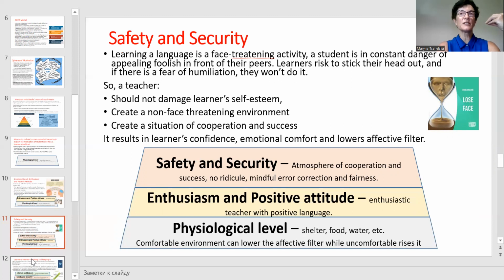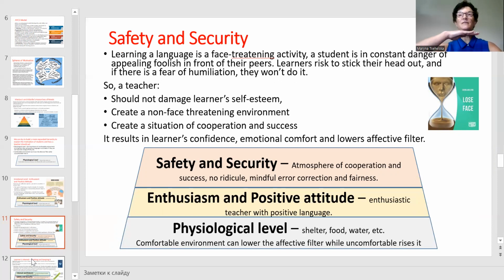Students, especially if they are adolescents, teenagers, or adults, are afraid of making mistakes because they are afraid of appearing foolish in front of their peers. They risk sticking their heads out, and they don't want any kind of humiliation.